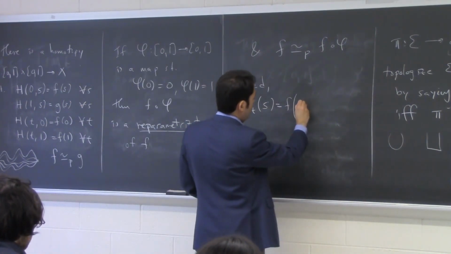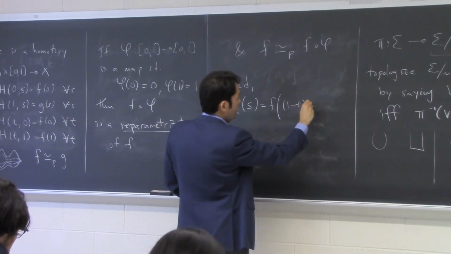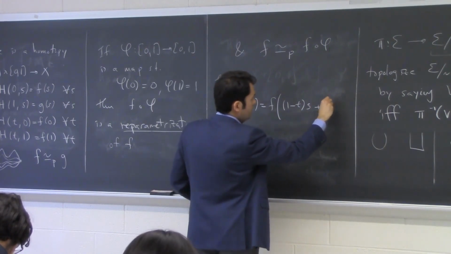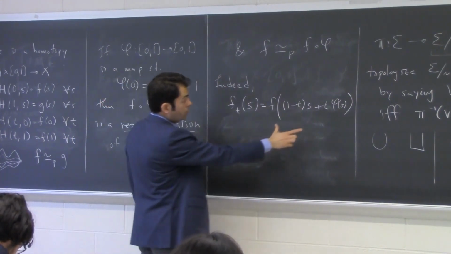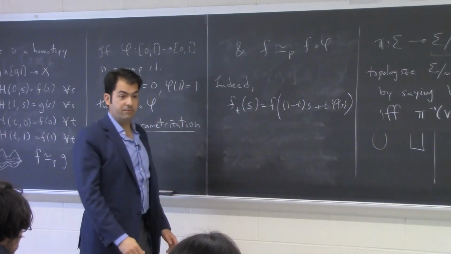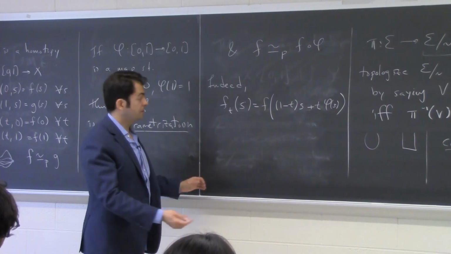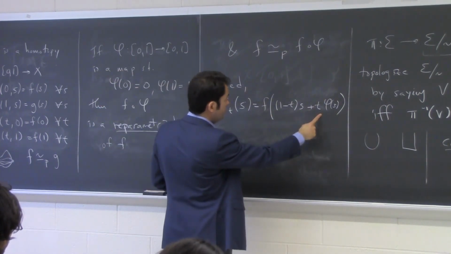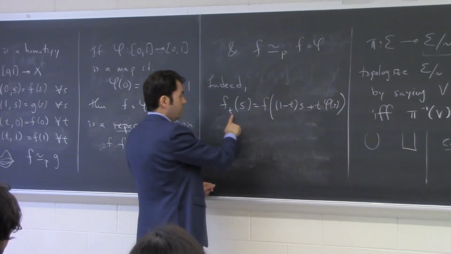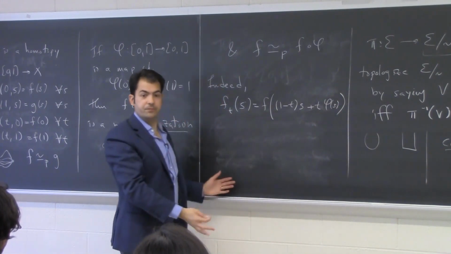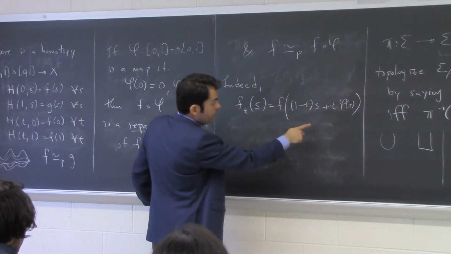So you just take, let's see, I want it when t is equal to 0 to be there, so (1 minus t) times s, and then t times phi(s). What we're using is that on R^n, I have addition, and the square is convex. So if I take a convex combination, I stay in the square. And this is continuous, and it does what I need: when t is equal to 0, it's f(s), and when t is equal to 1, it's f composed with phi. That's worked out great, so let's do that some more.